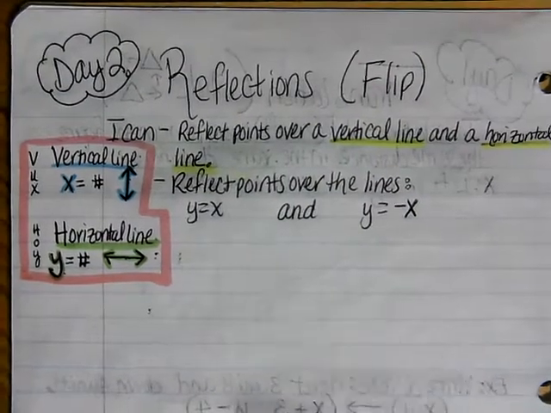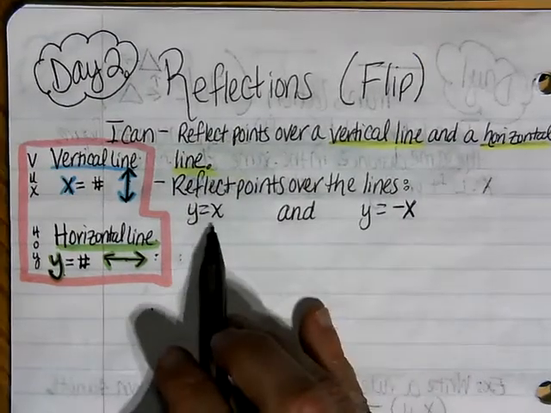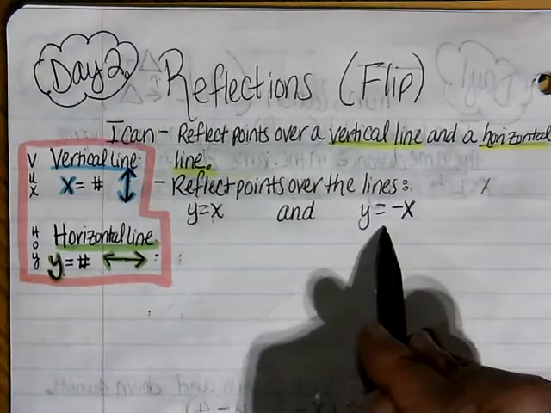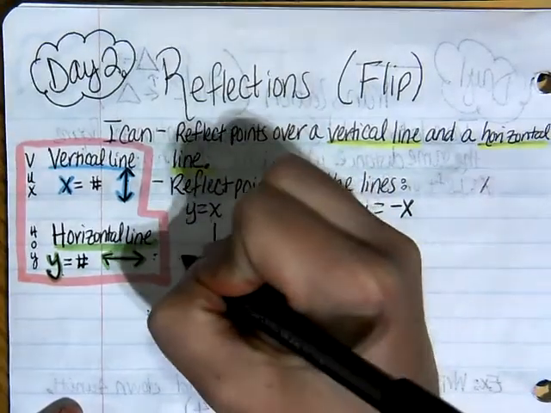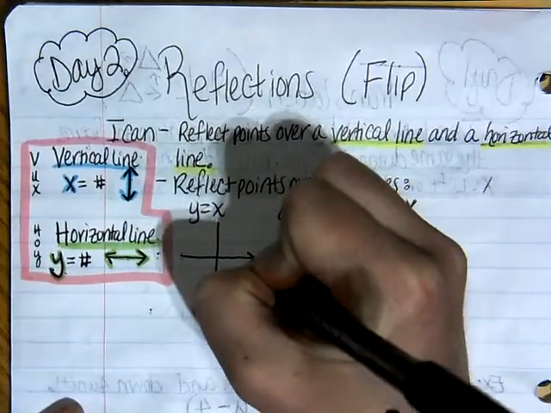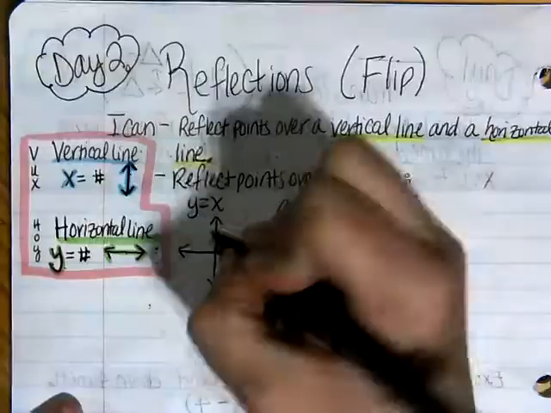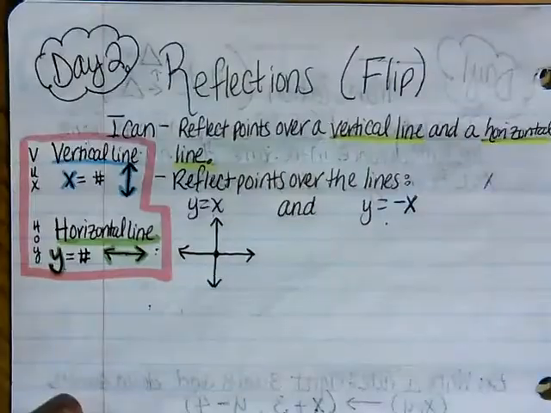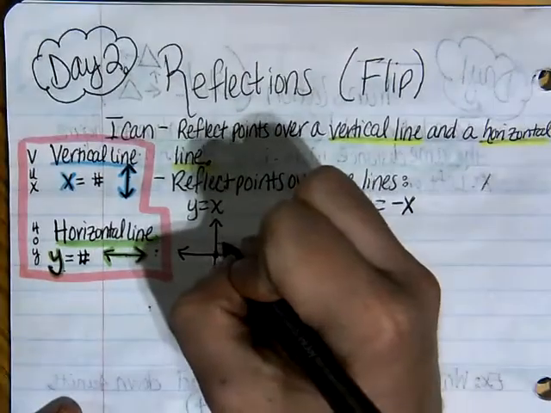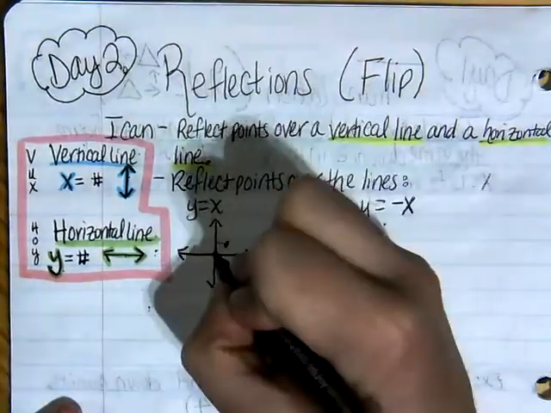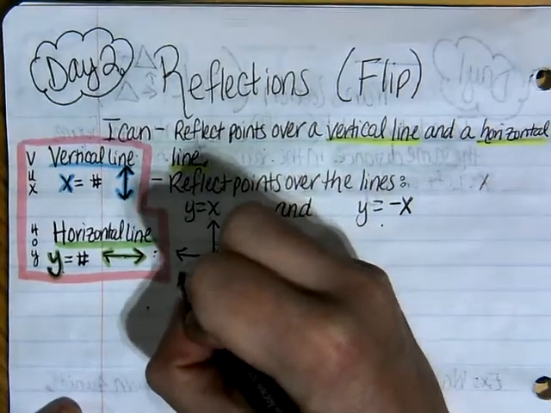The second type that we had in our I can statement is to be able to reflect over the lines y equals x and y equals negative x. As a reminder, I'm going to draw what these lines look like. These lines are linear functions. They both have a y-intercept at 0, 0, and then the slope of y equals x is rise 1, run 1. This is a diagonal line.